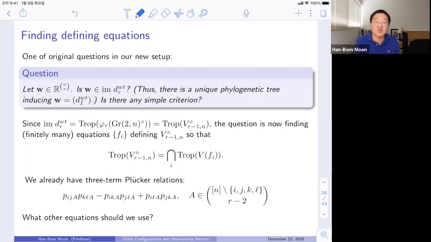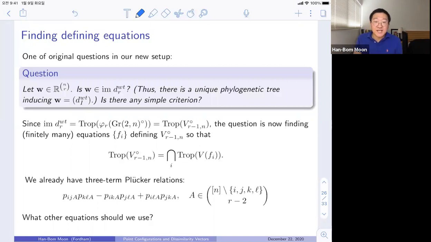So it is sufficient to find the defining equations of V_{R-1,n} as a subvariety of P^{R-1} to the n. Now we want to find finitely many equations f_i defining V_{R-1,n} such that the tropicalization of V_{R-1,n} is equal to the intersection of the tropicalized hypersurfaces.